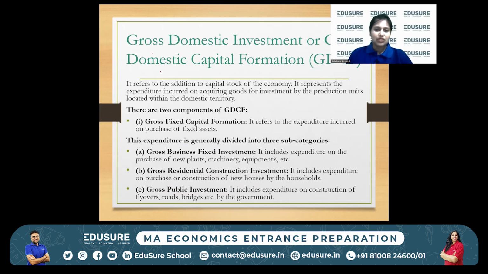But in general, the concept you need to understand is that any investment is included in this component, and the consumption expenditures of households and the government sector are included in private final consumption expenditure and government final consumption expenditure.